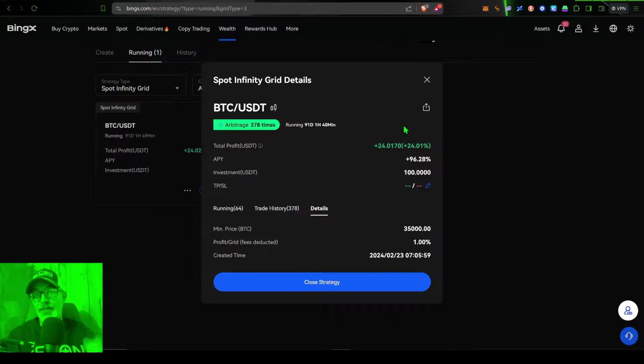And the majority of hedge funds do not make that much profit per month. Their average APY is, I believe, 7.2%. So even if you say 8% on the year, the hedge funds are averaging 8% APY, whereas this bot right now has an APY of 96%, or 8% per month.